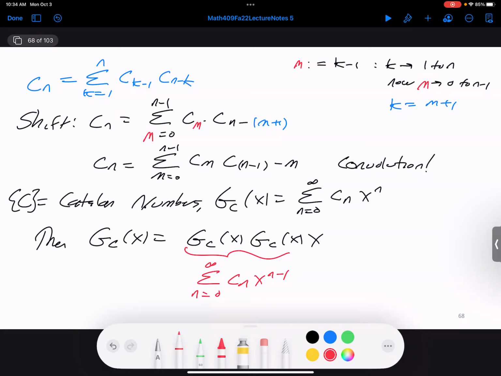So if we have n equals 0, Cn is the sum, k goes from 1 to 0 of Ck minus 1, Cn minus k. So if we plug in 0, there's really no value of k that should work. Right?